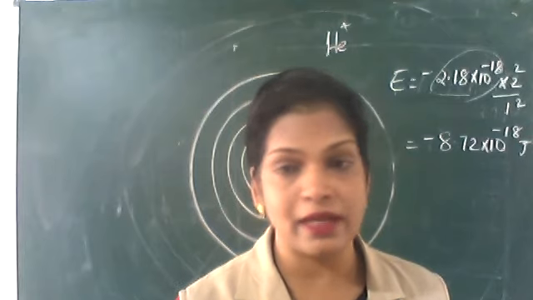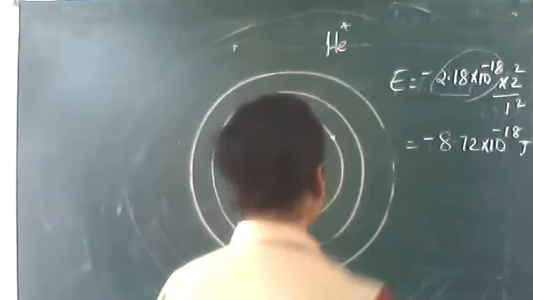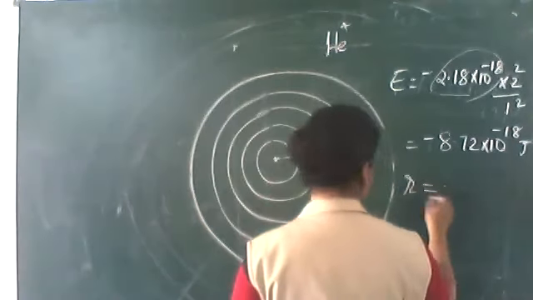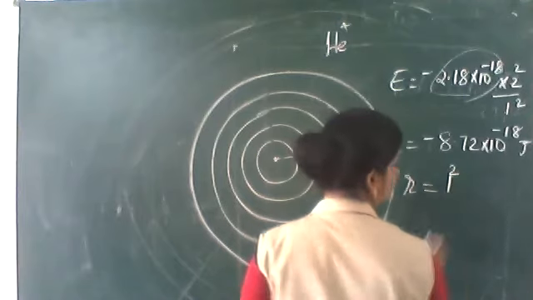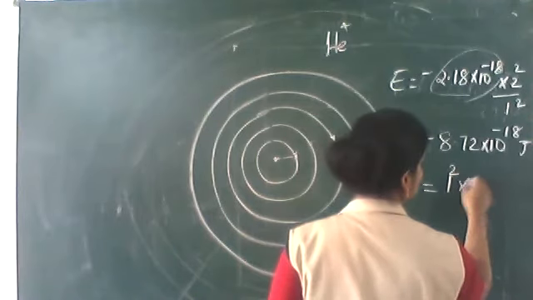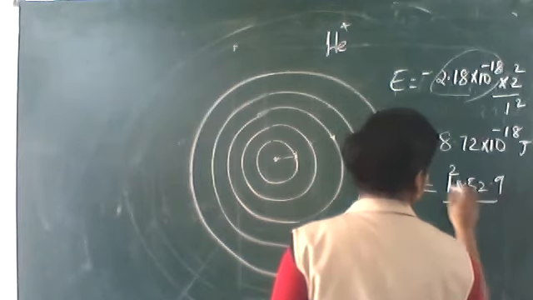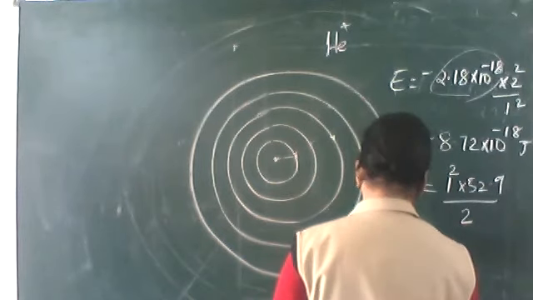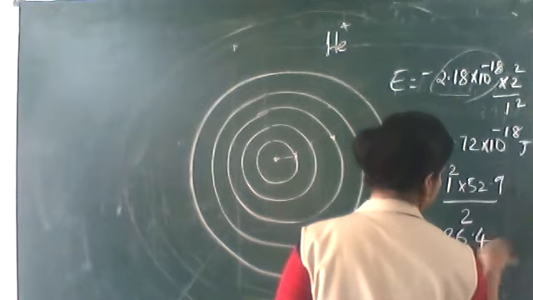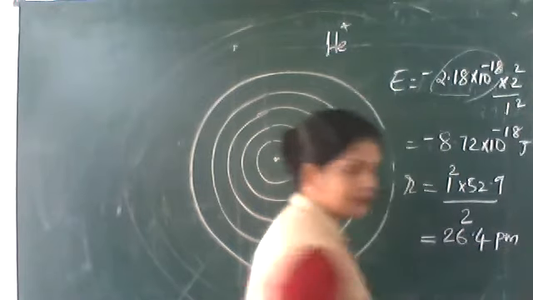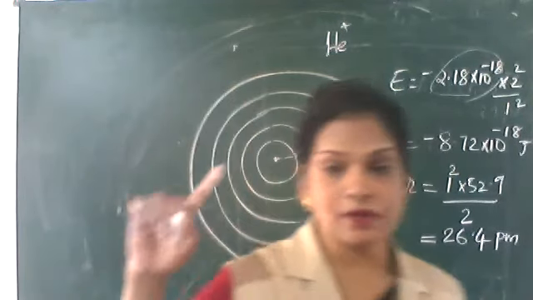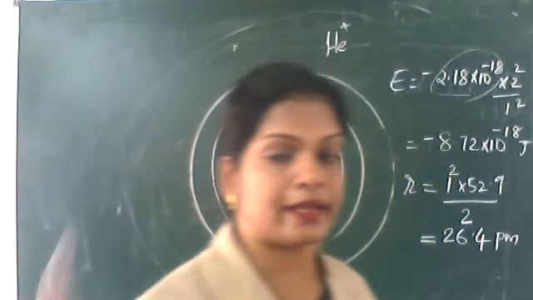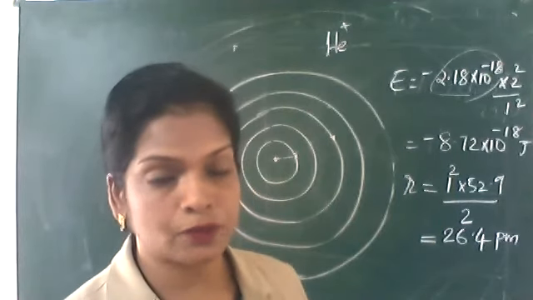Helium plus, again a 1 electron system. Radius is equal to n square a naught upon Z, first orbit, 1 square a naught upon Z, that is 2, that is 26.4 picometer. In the case of hydrogen it was 52.9, now it is 26.4.